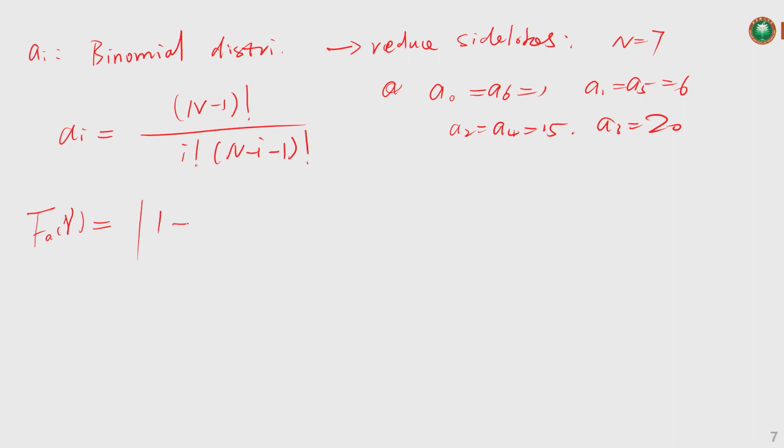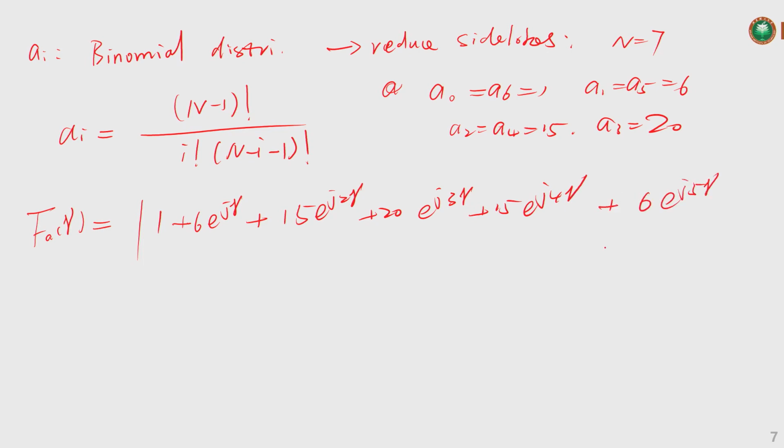So 1 plus 6 e^{j gamma} plus 15 e^{j2 gamma} plus 20 e^{j3 gamma} plus 15 e^{j4 gamma} plus 6 e^{j5 gamma} plus 1 e^{j6 gamma}.